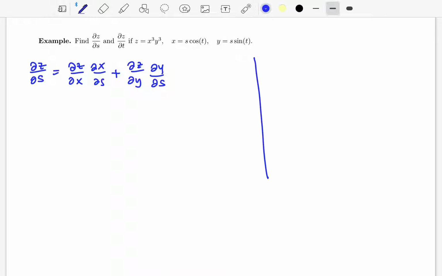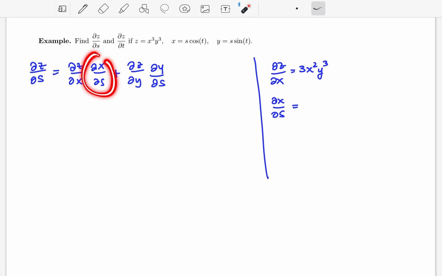So what do we need? Let's see. dz/dx, I go to here and I treat y like a constant, so I get that this is equal to 3x squared y cubed, okay? Then dx/ds, I go to here and I treat t as a constant, so I get that the derivative of x with respect to s is equal to cosine of t.